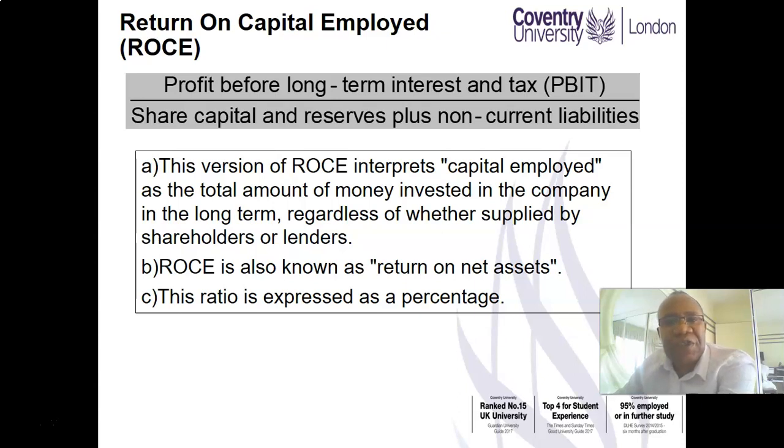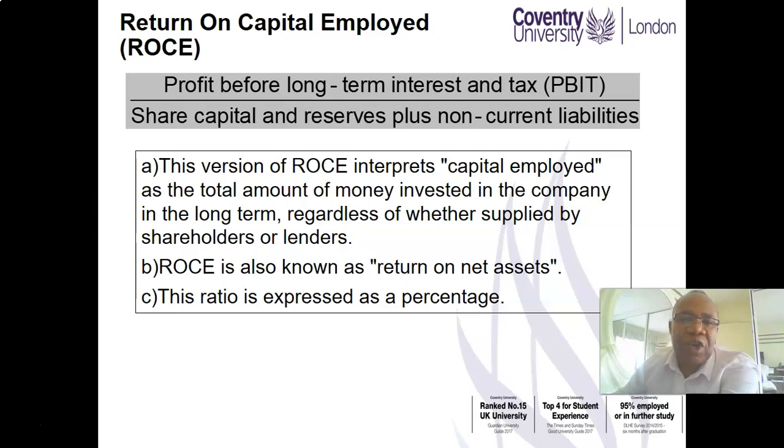The calculation of this ratio is relatively straightforward. So you take the profit before long-term interest and tax. So in other words, the profit before taxation after finance charges in the statement of profit or loss account. You divide that by the capital employed.